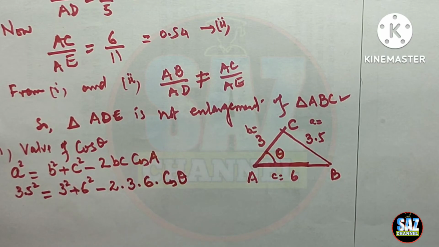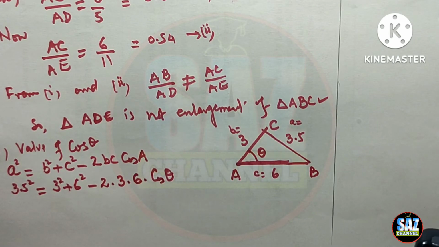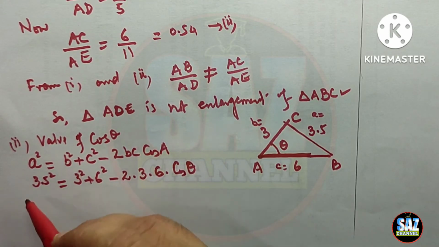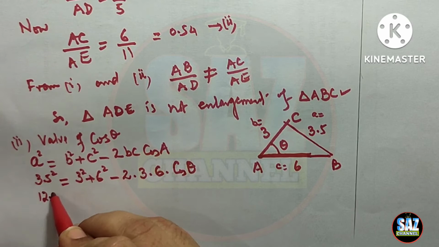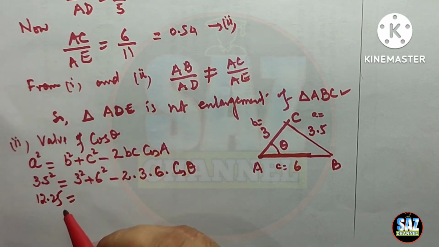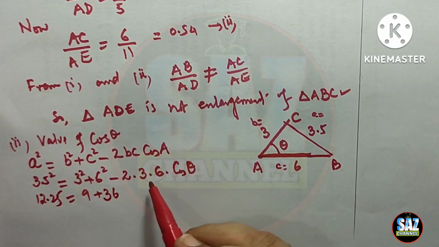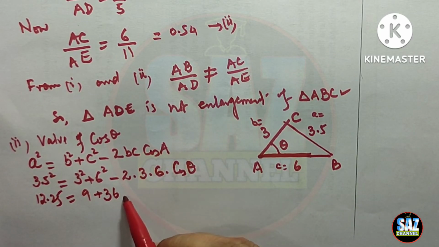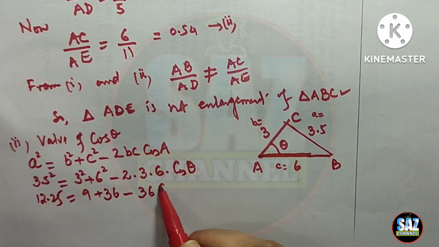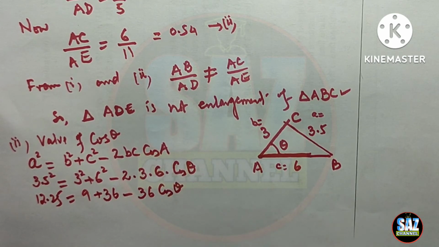And now 3.5 square will be equal to 12.25 equals 9 plus 36 minus, 6 3s are 18, 2s are 36, cos theta. 36 cos theta.